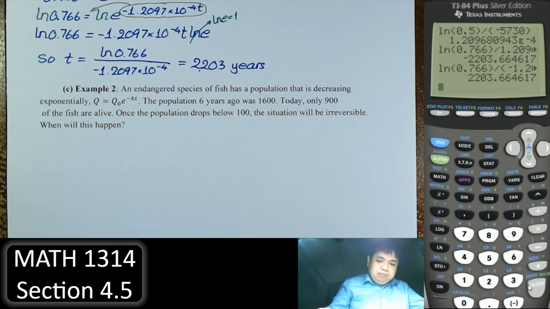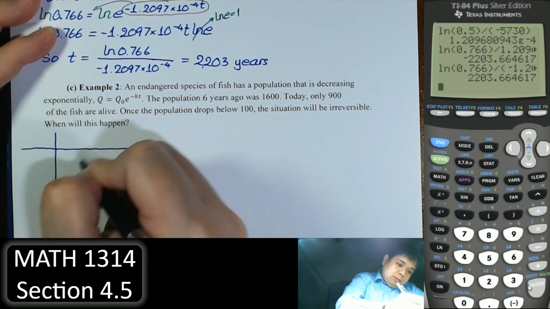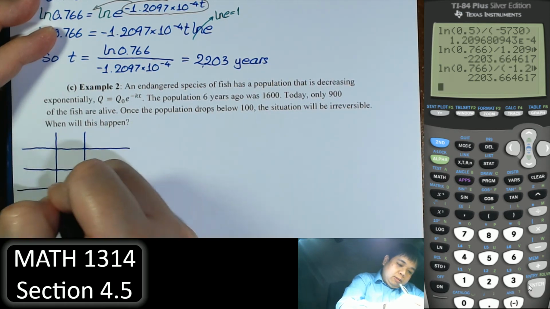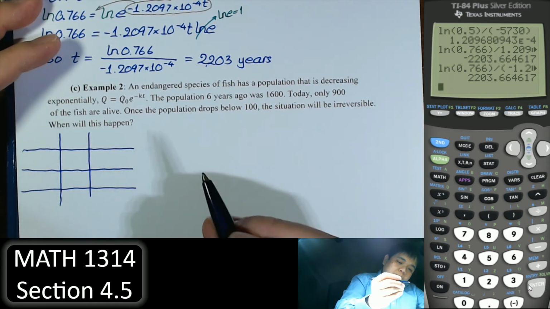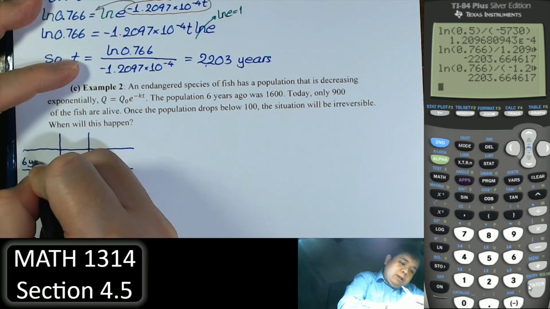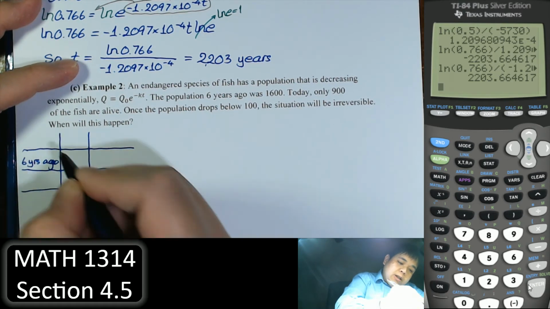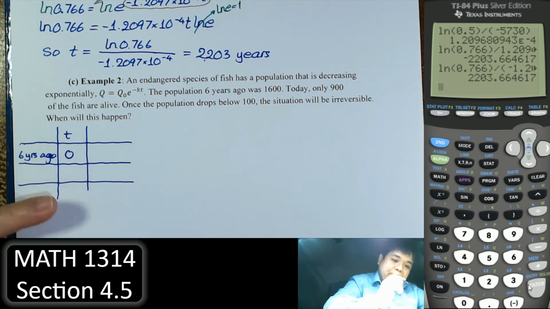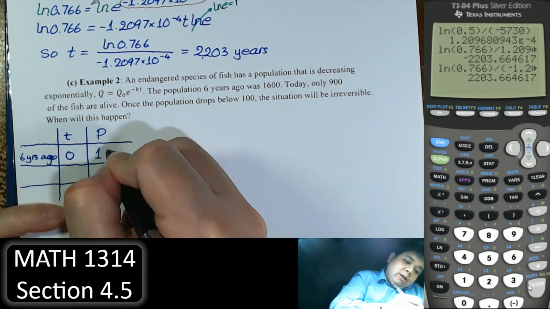When will this happen? So I will make a table just like the population we have earlier. Right. So 6 years ago, let that be 0. So 6 years ago was 0. Population is 1600.